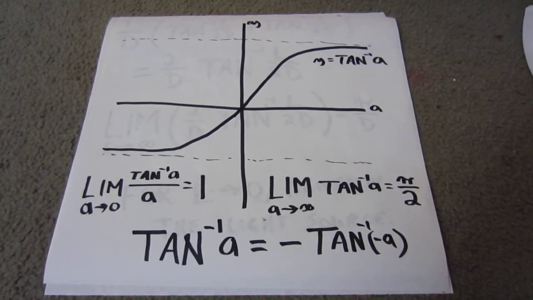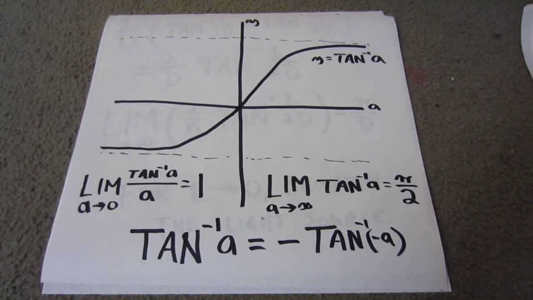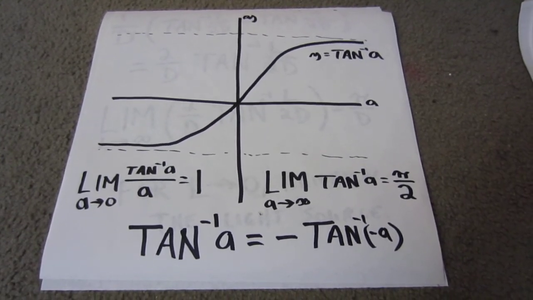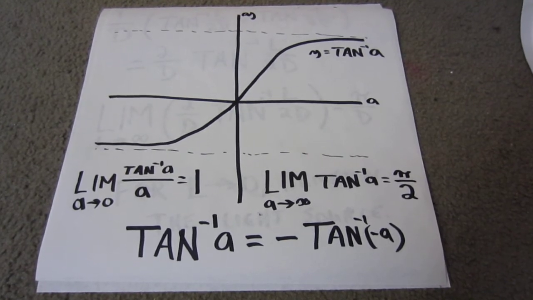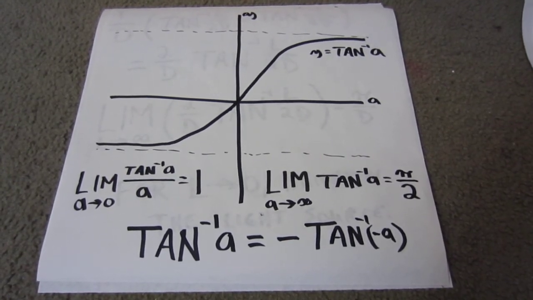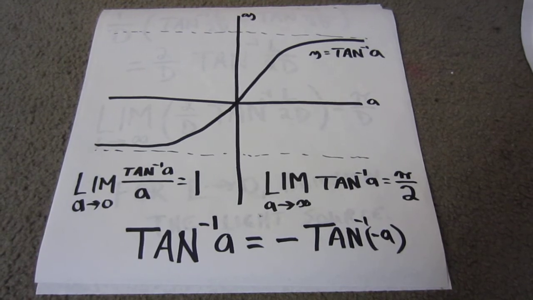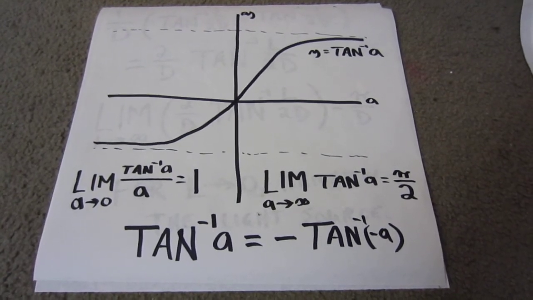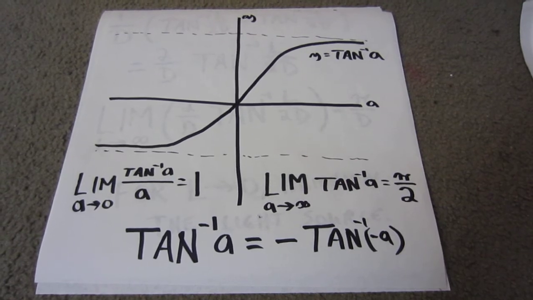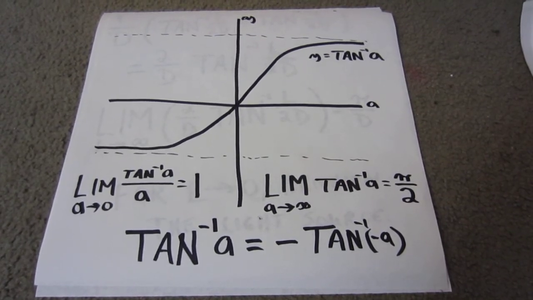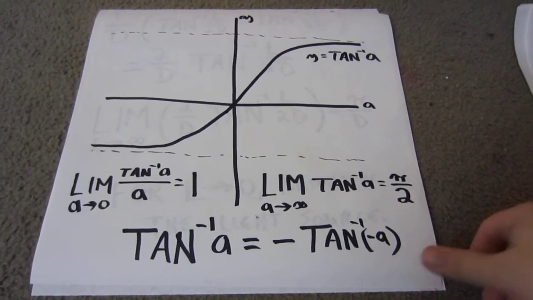The limit as A goes to 0, where it goes through the origin, it goes through on the 45-degree line. So limit of arctangent of A over A is 1, and then it's asymptotic as the argument approaches infinity. Limit as A goes to infinity of arctangent of A is pi over 2.